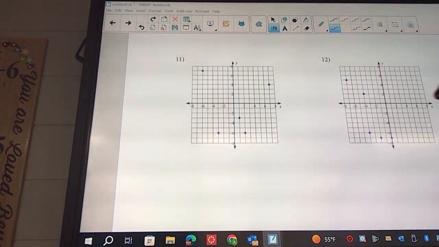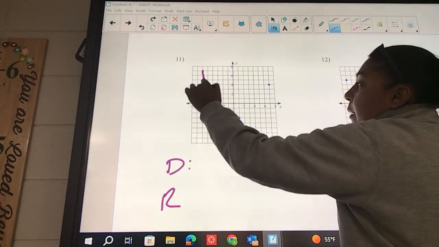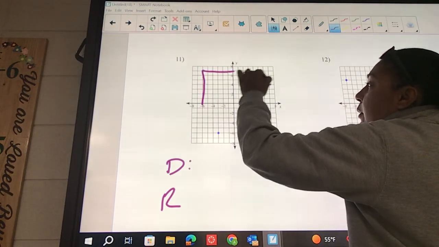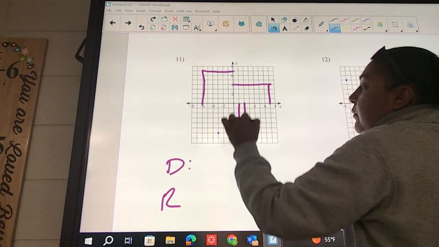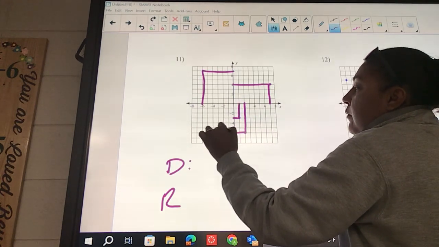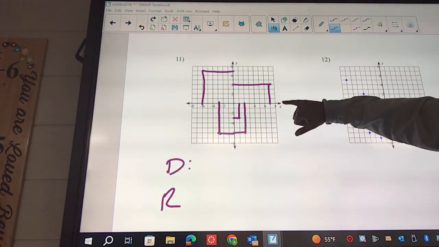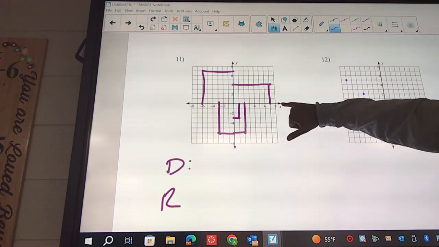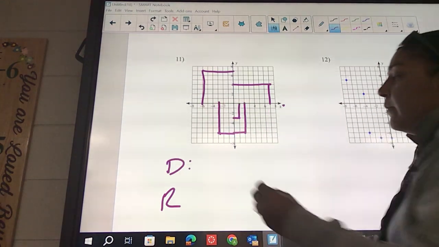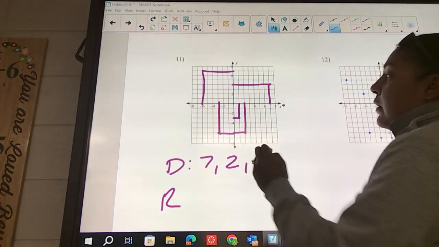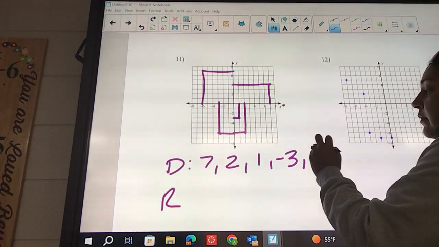If you draw these and connect them all, now we can very easily see what's touching the X's. Well, I got a 7, a 2, a 1, negative 3, and negative 6.